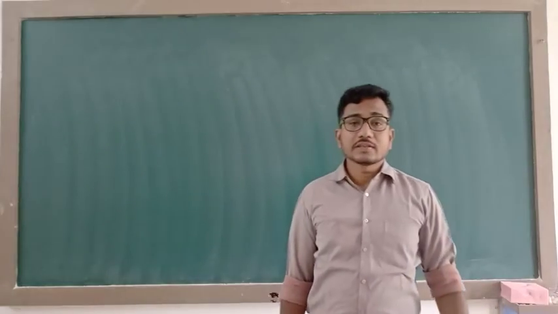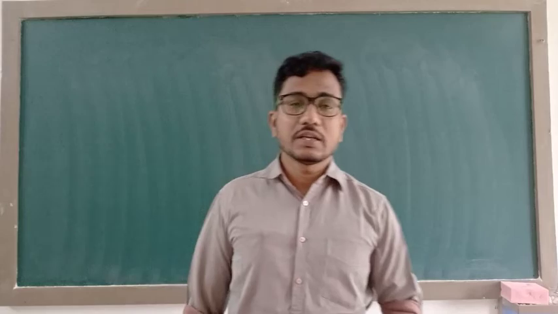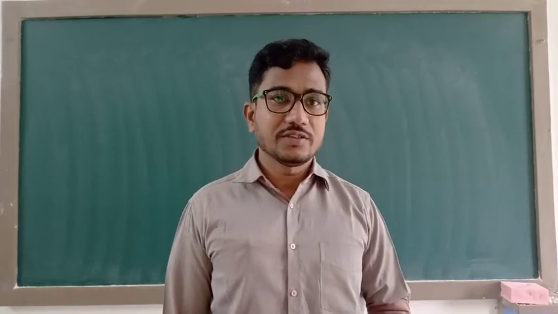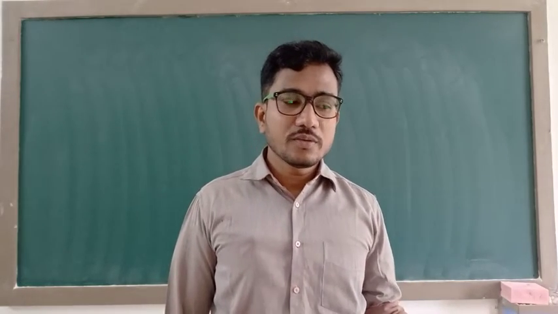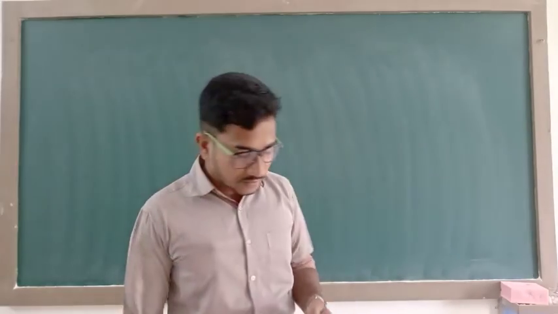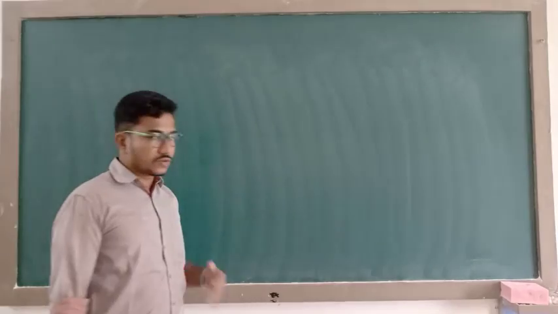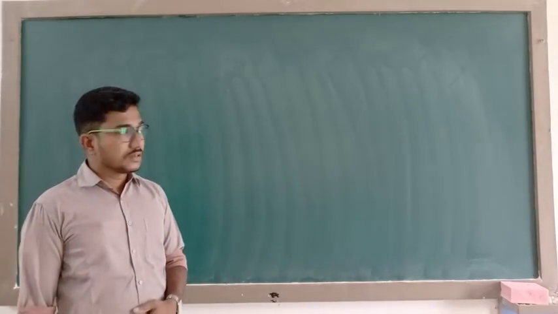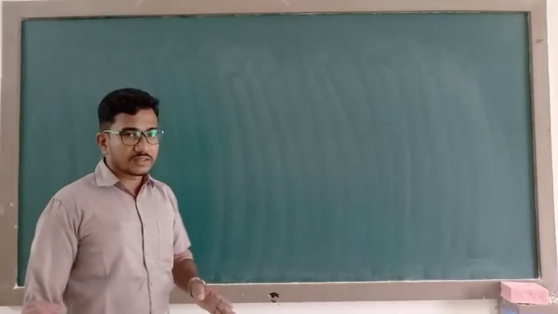So again, in case of lenses, we are going to use the same Cartesian sign convention. Instead of pole, we are going to use the term optical center. So already we know those Cartesian sign conventions. Again, I will not write those sign conventions here.